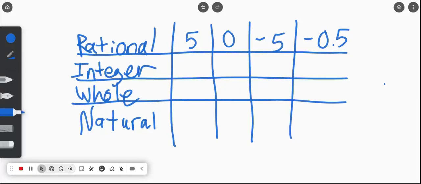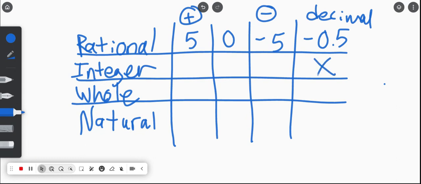So our classification of numbers, all the numbers for 6th grade, we're going to call all of them rational. So whether it's positive, 0, or negative, or we have a decimal, all of them are going to be rational. But only some numbers are going to go into another classification.